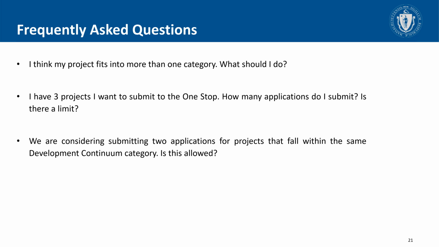It was 5, and then it was reduced to 2. So in this new process, the form is available. There is no limit to the number of expressions of interest that the same entity can submit. The limitation is that each EOI will take 1 project. So if you have multiple projects, you would submit 1 EOI for each of them and gain from our team a report for that specific project.